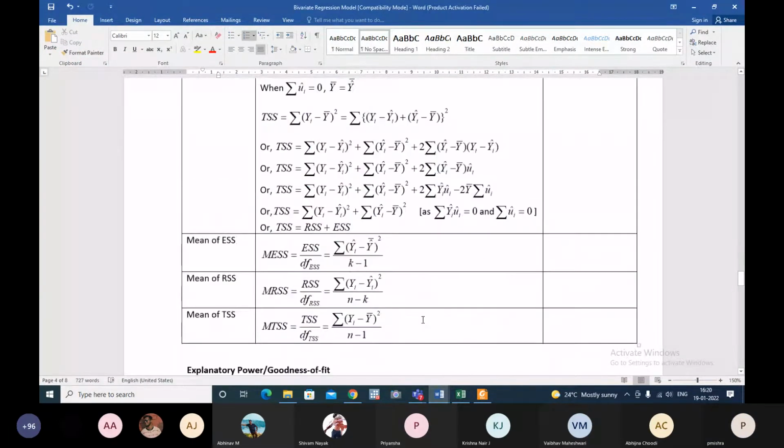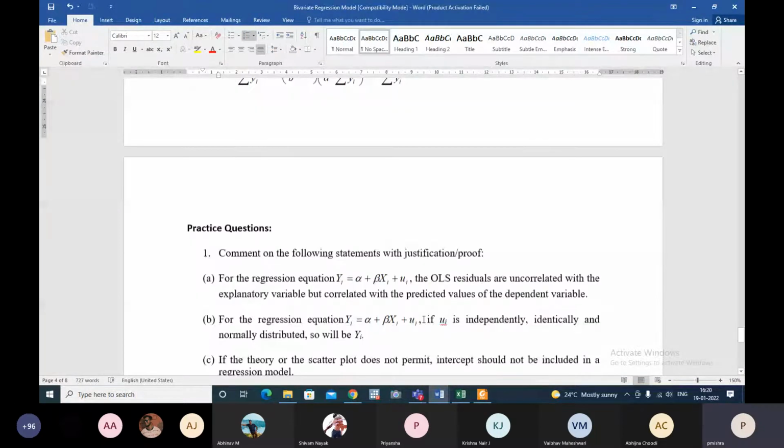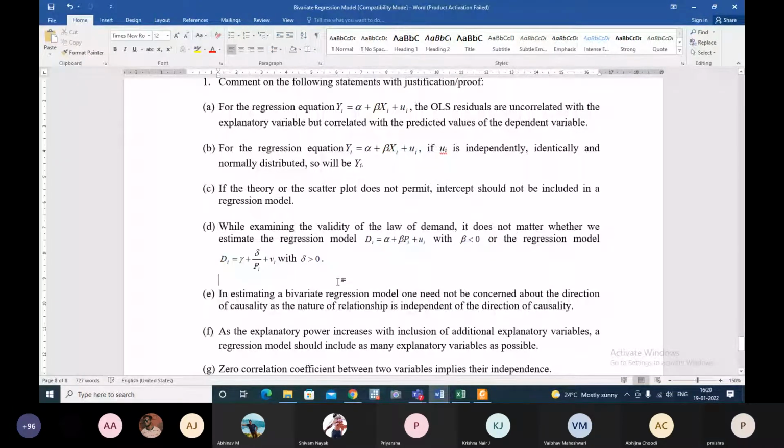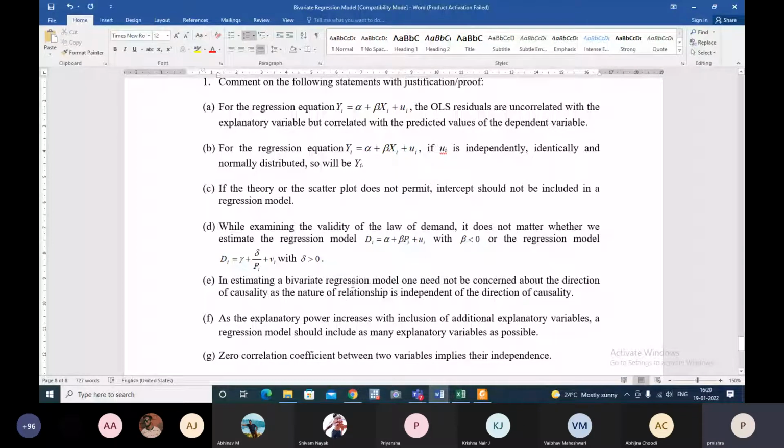If you go to the very last page, I have listed some sample questions. If you try to answer these questions, it will help in having further conceptual clarity.